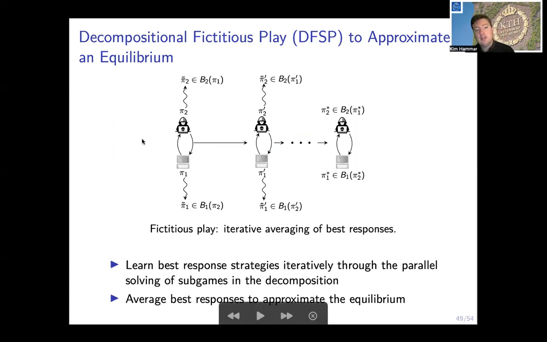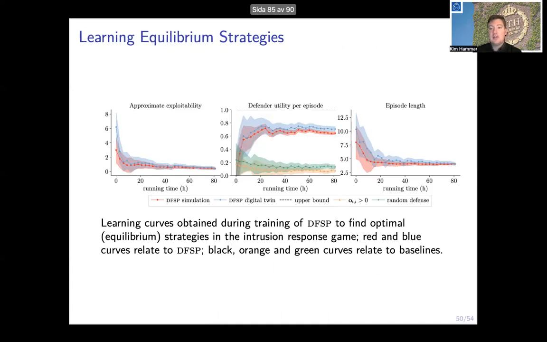So here, this process is only guaranteed to converge to the equilibrium if we compute the exact best responses here. But in our case, we approximate the best responses with the stochastic approximation, or RL. And therefore, we get some insufficiency in the algorithm, and we don't converge exactly to the equilibrium.